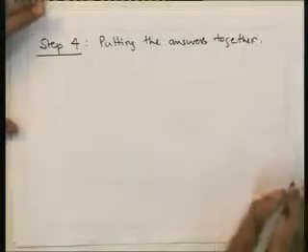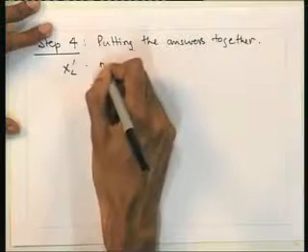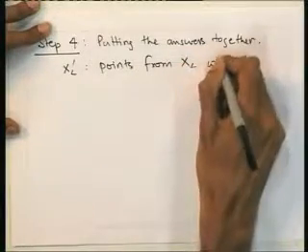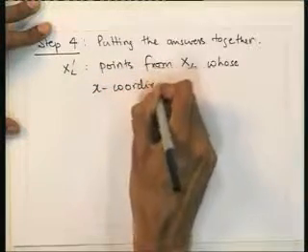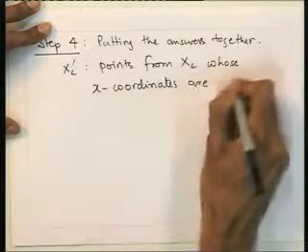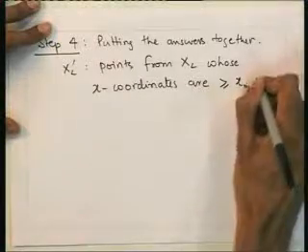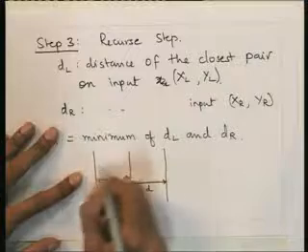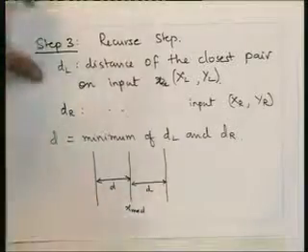XL prime will be points from XL whose x coordinates are greater than or equal to x median minus d. Just look at this figure: this is x median, and we need points in this range. So any point will have its x coordinate at least x median minus d. That is step 4.